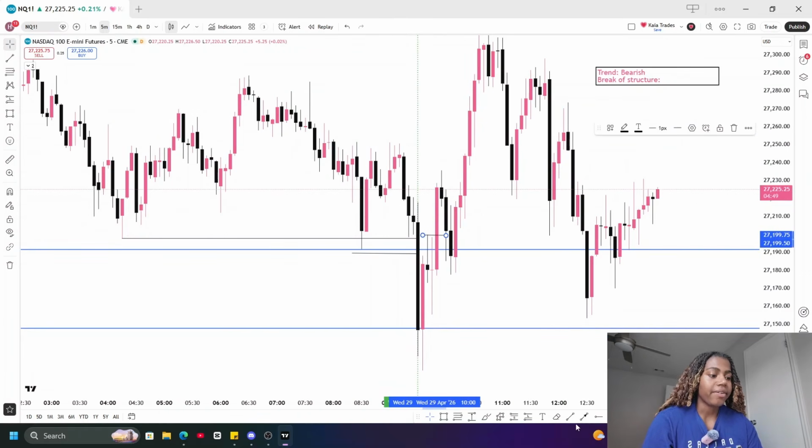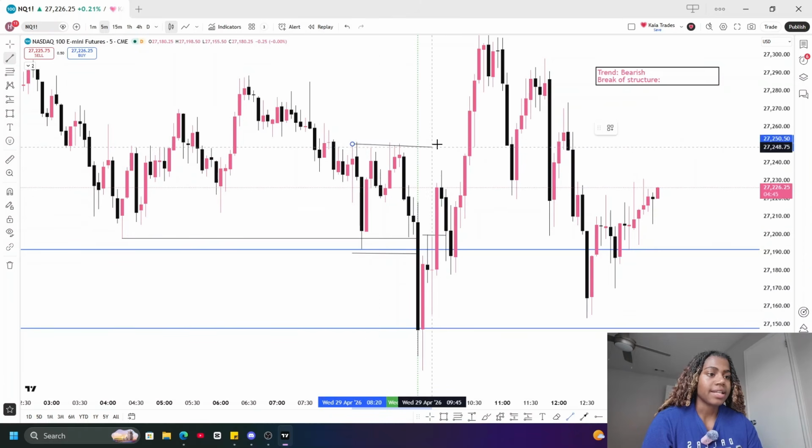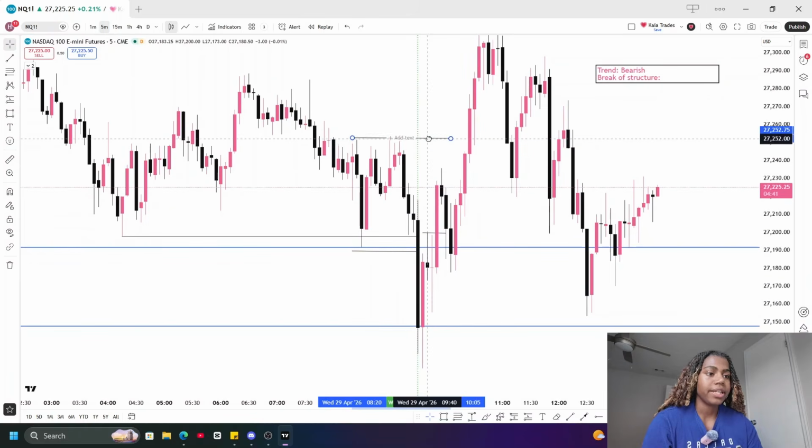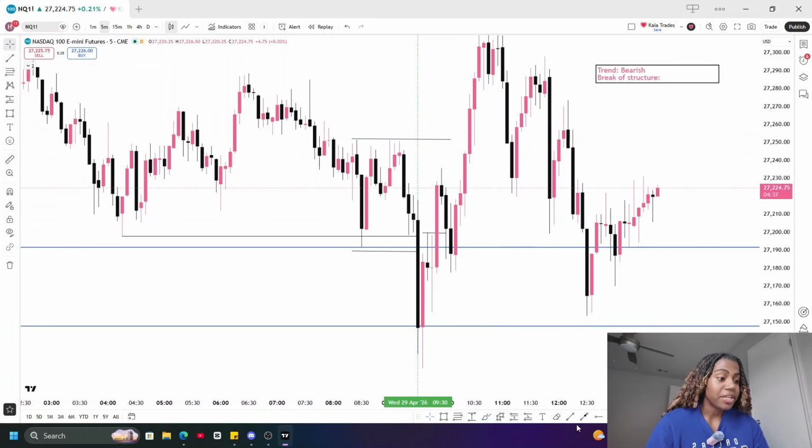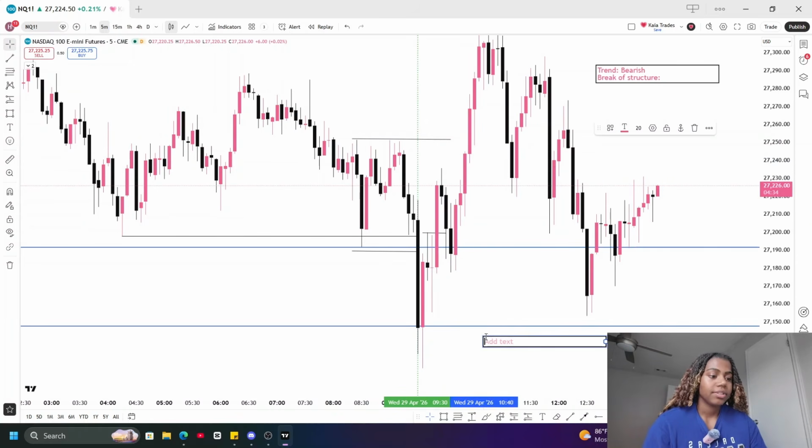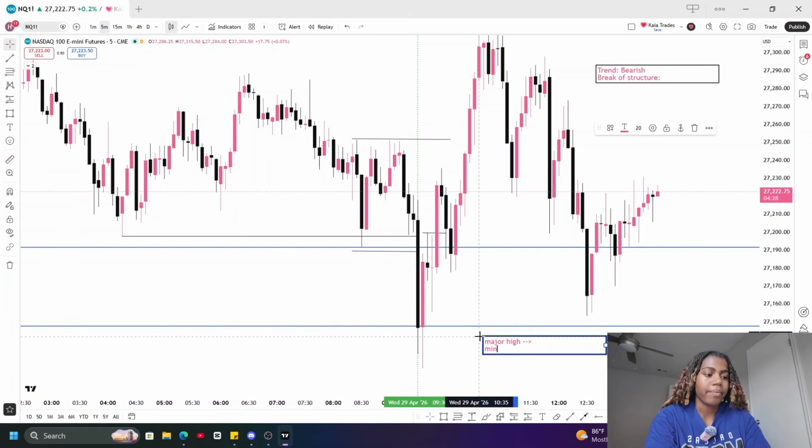Now, did it break this high right here? Not just yet. It does as time passes a little bit further, but currently it didn't break a major high. So the inverse of major is minor. So we have a major high and we have a minor high.